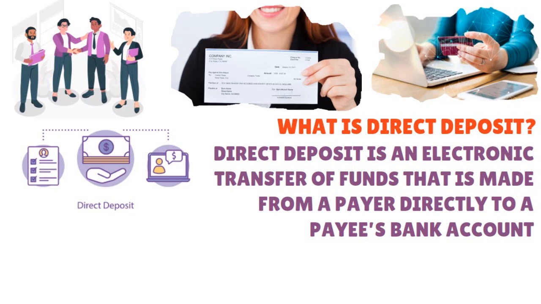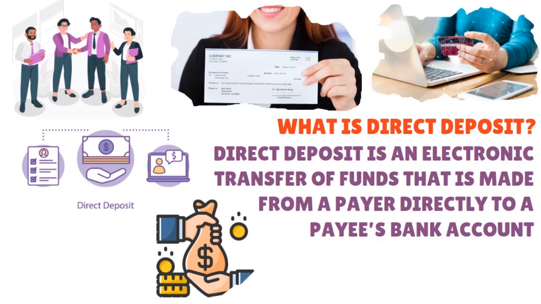Direct deposit is often used by an employer to pay the wages or commission of an employee, but it can also be used for regular payments of any type. So direct deposit is a safe and reliable process that can deliver funds electronically to specified bank accounts instead of using a physical check.